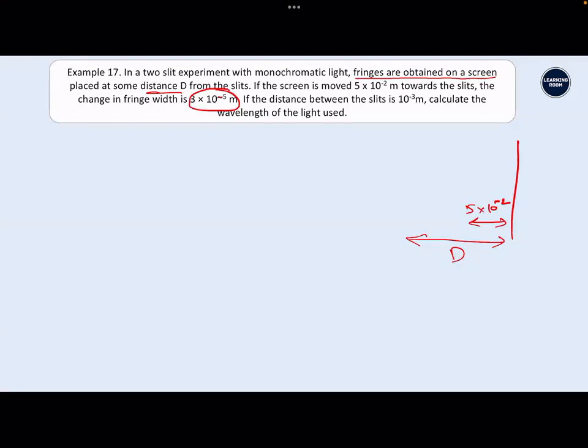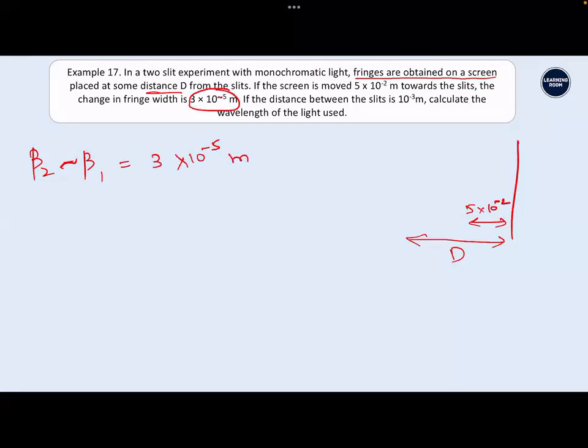It is beta 2 minus beta 1, but I don't know which one is greater, so I'm using the word difference. The difference between beta 2 and beta 1 is 3 into 10 power minus 5 meter.